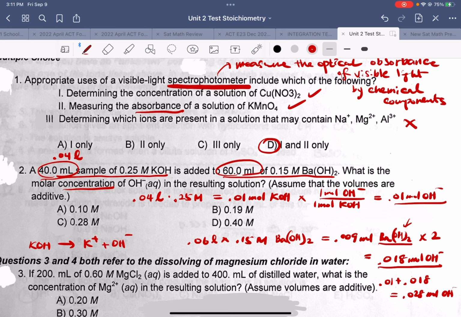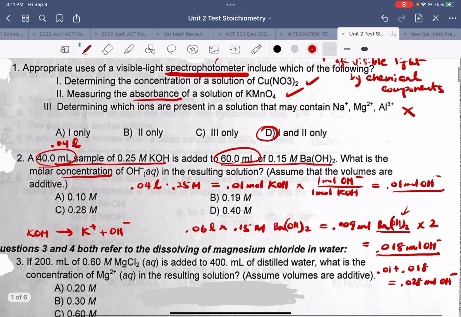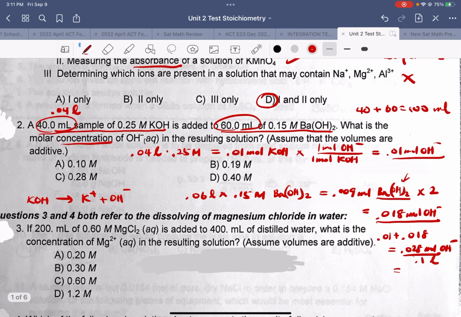Now they ask what the molarity concentration is, so that means mole divided by liter. 40 milliliter plus 60 milliliter is 100 milliliter, which is 0.1 liter. So you divide by 0.1 liter, which gives 0.28 molarity OH minus. So it should be C.